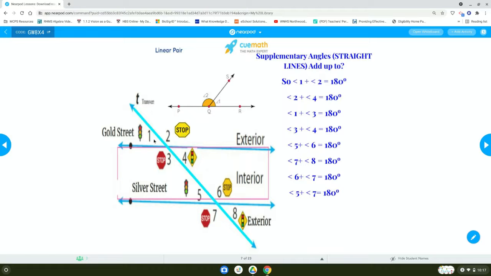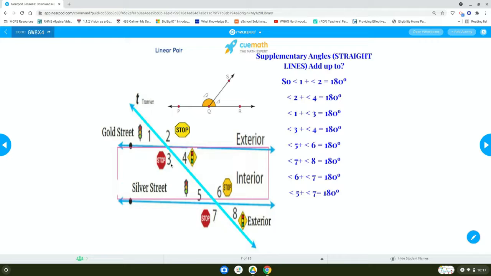So on a parallel line, angle 1 and 2 are linear pairs. They're on a straight line, so they add up to 180 degrees, like we just established. Look at this as well. If you tilt your head sideways, angle 1 and 3 are also on a straight line. They are not congruent, they are not equal, but they both add up to 180 degrees.